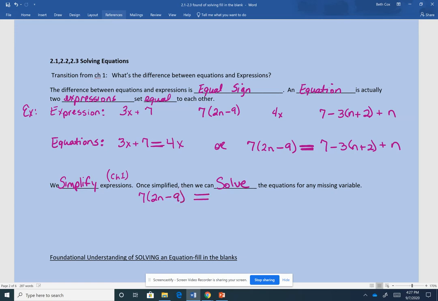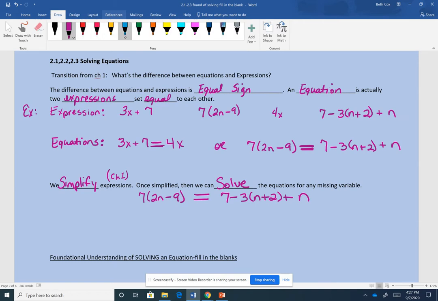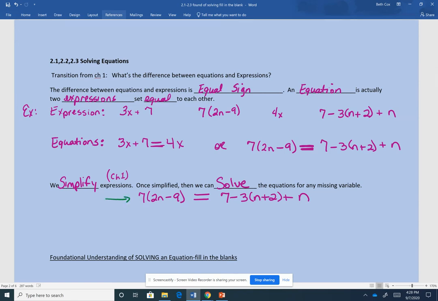This is an equation that's made out of two expressions set equal to each other. Now, I can simplify each side. I can simplify this side by using my distributive property. And that's it. That's as simple as I can get that one.